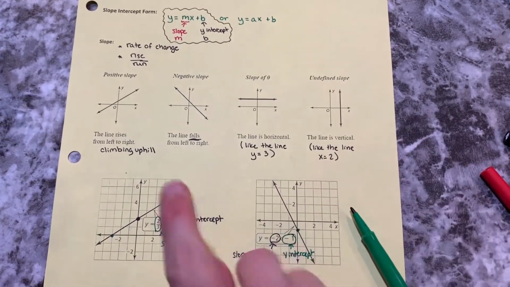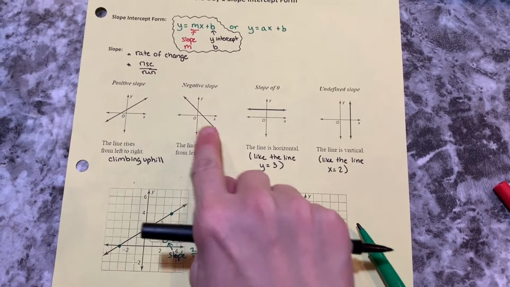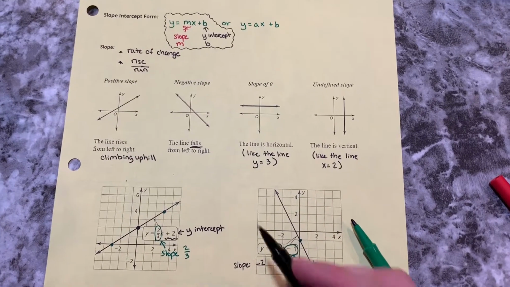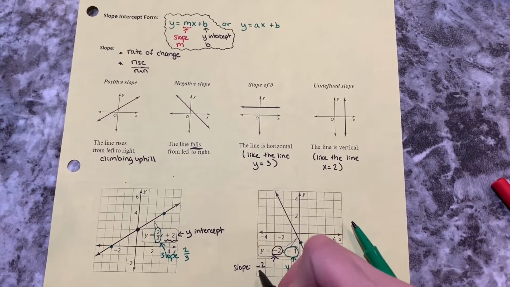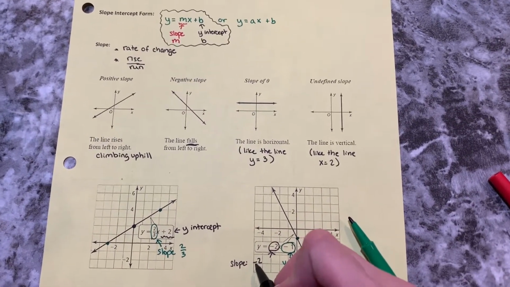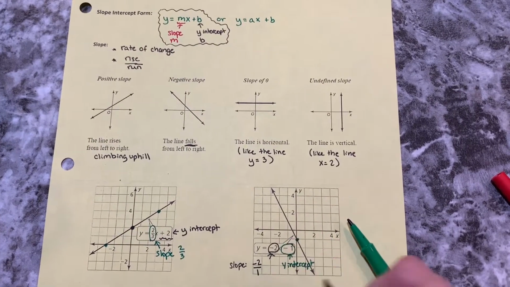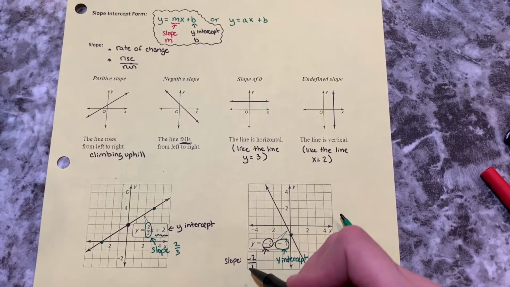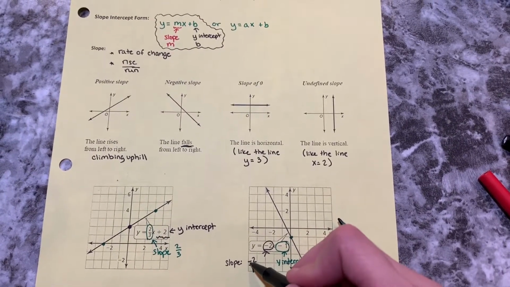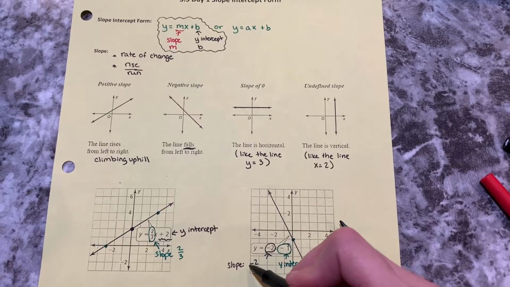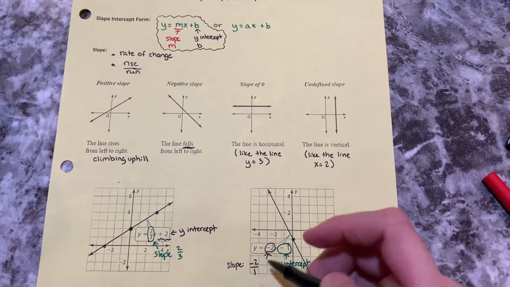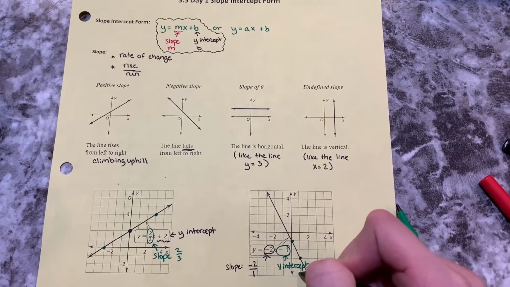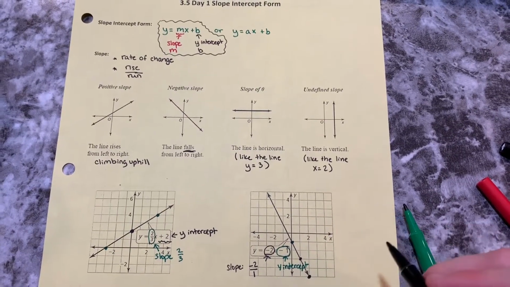With a negative slope, our line is falling. The slope being negative 2 is really the same thing as negative 2 over 1. And that's going to be helpful for us, especially when we go to graph, that we go down because our slope is negative, down 2 when we go over 1.